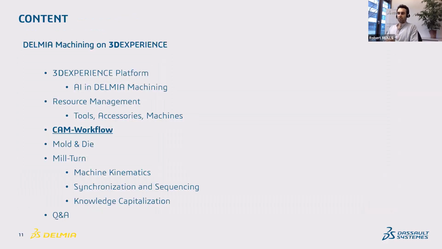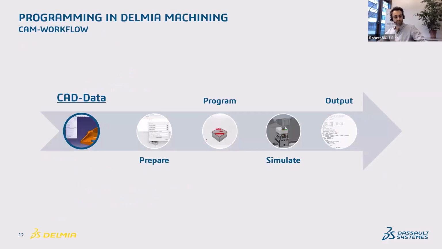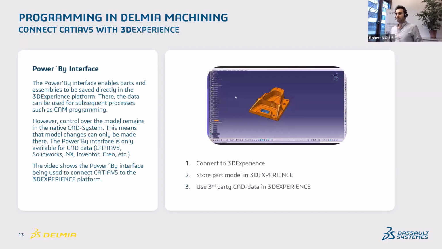So then I think it's time to have a closer look at the CAM workflow, starting with the CAD data. So in 3D Experience, of course, we have a CAD system integrated. It's called CATIA, but 3D DELMIA machining on the 3D Experience platform is not limited to CAD data from CATIA.